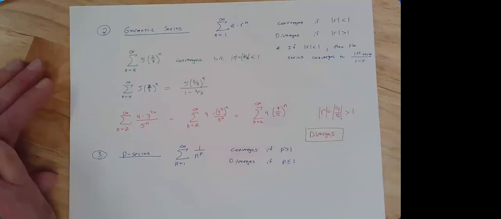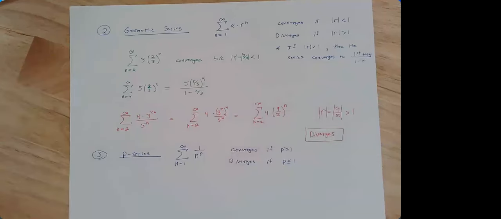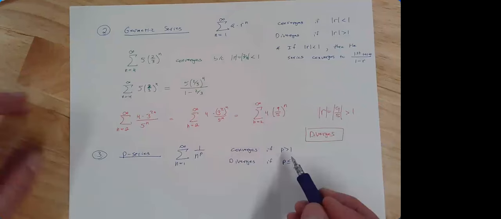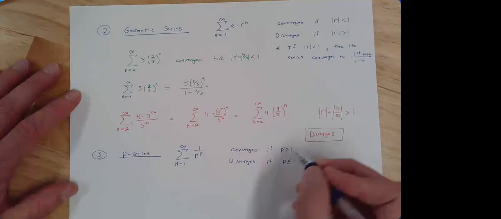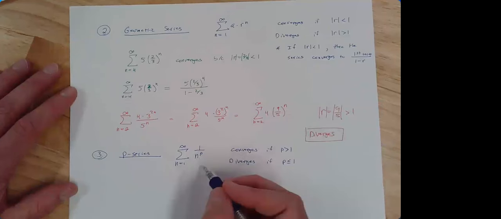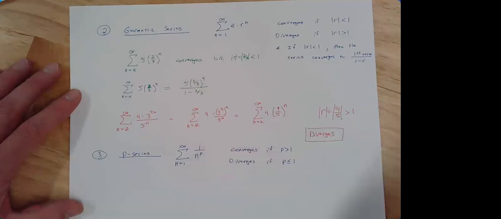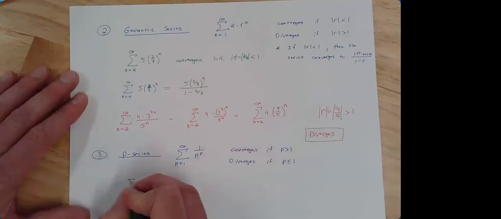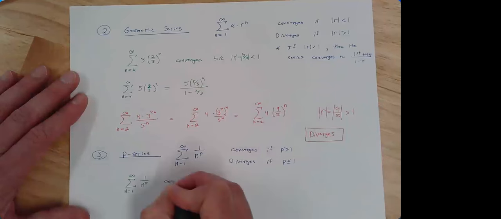The way I kind of think about it is, for it to converge, the terms have to get small fast. And if your power is larger than 1, then the denominator is growing more and more quickly. So for example, the sum from n equals 1 to infinity of 1 over n to the 5th power definitely converges.